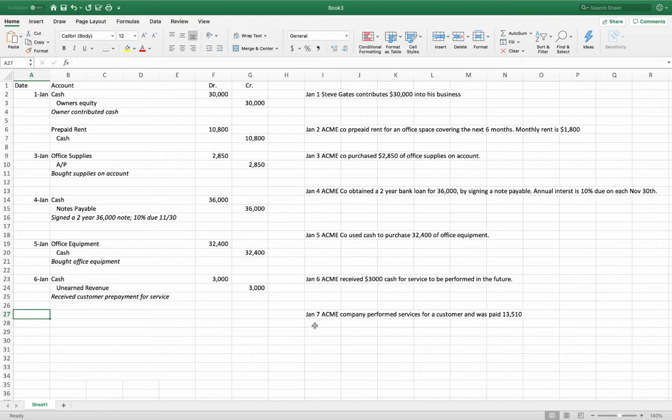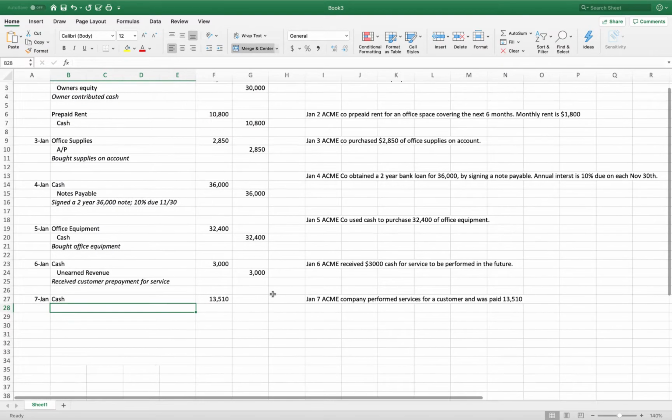Now, how do I journal this, right? So on January 7th, I know that cash was increased. Cash is an asset. I increase an asset with a debit. I decrease an asset with a credit. So cash is going to be debited for $13,510. And my credit is service revenue, right?